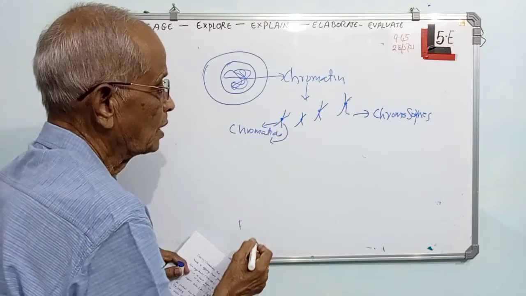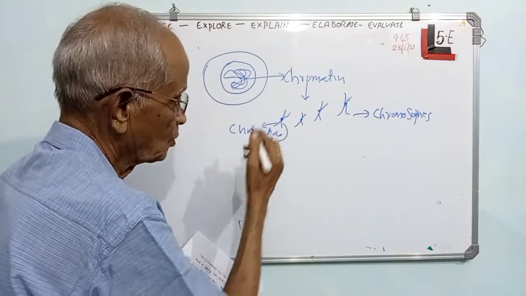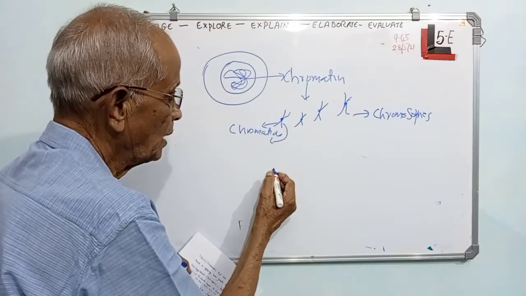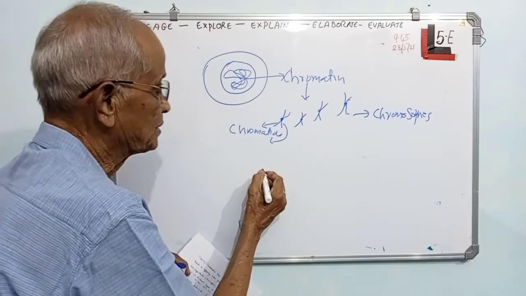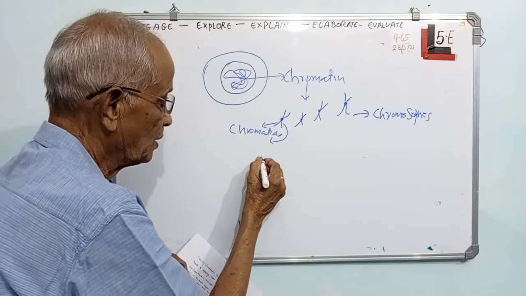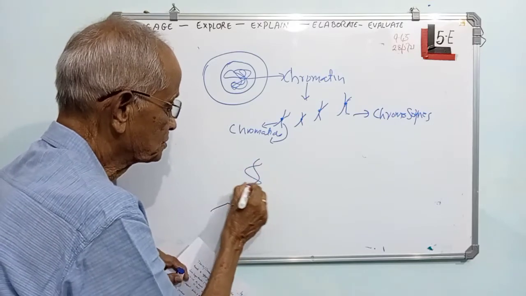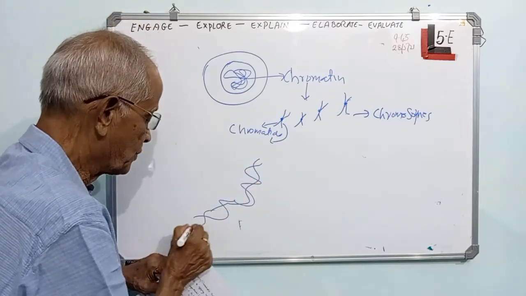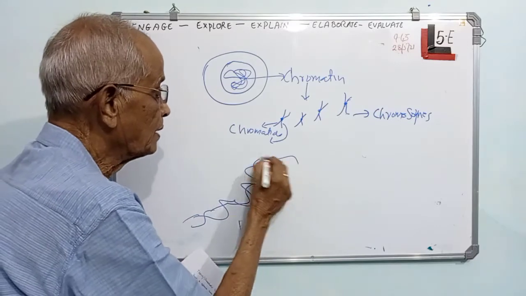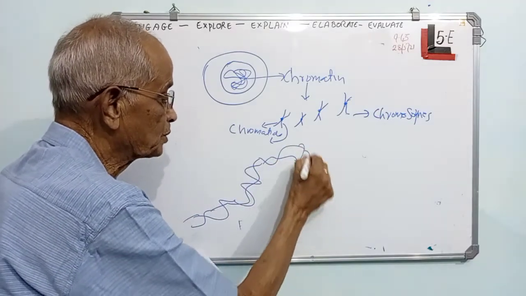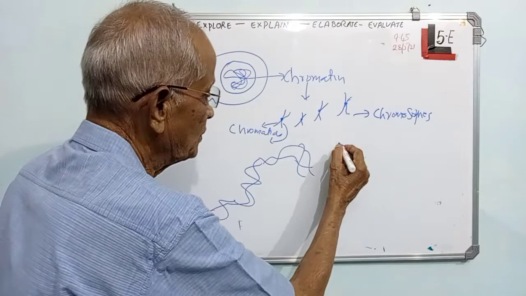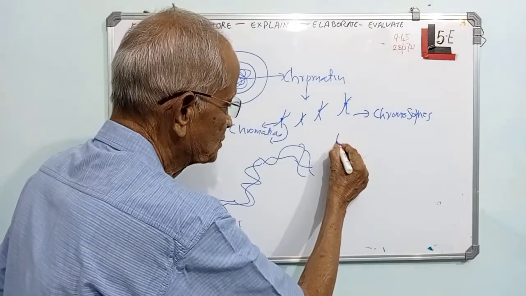Now these chromatids, when you examine them, they will contain a long chain of DNA molecules. Very long chain of DNA molecule, which may be very, very long one. And these long chain of DNA molecule will, if you take one of them, they will show here like that.